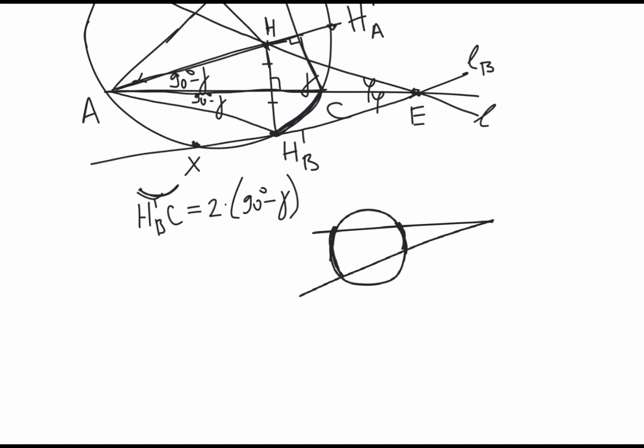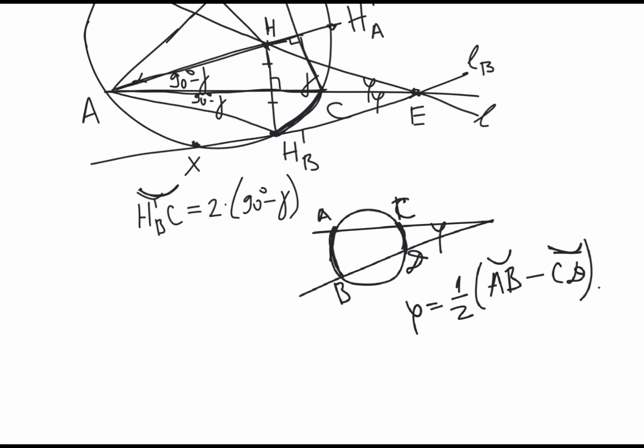So if this angle is, let's say, phi, and this is ABCD, then phi is equal to 1/2 of the difference between the arcs AB minus CD.